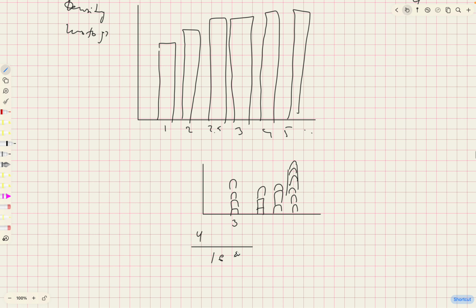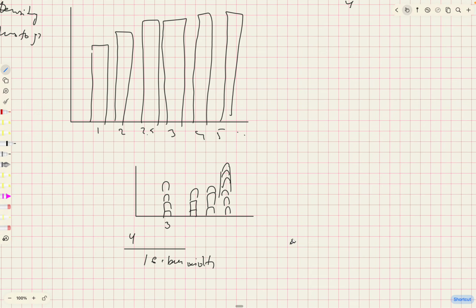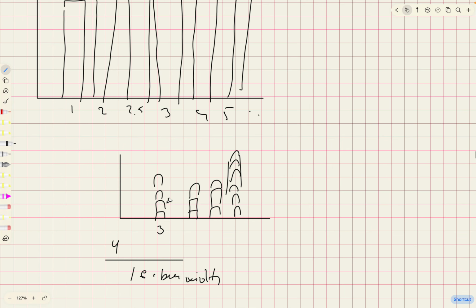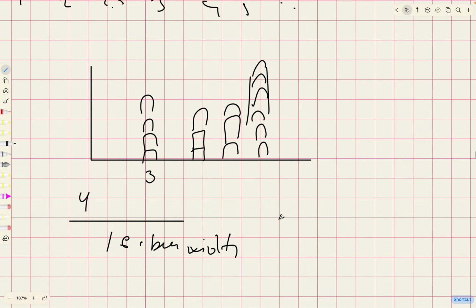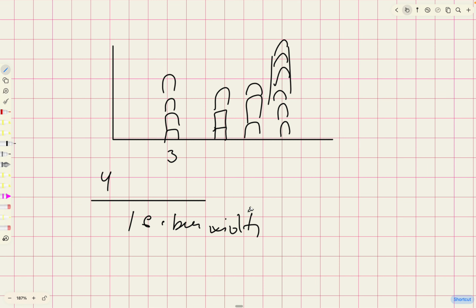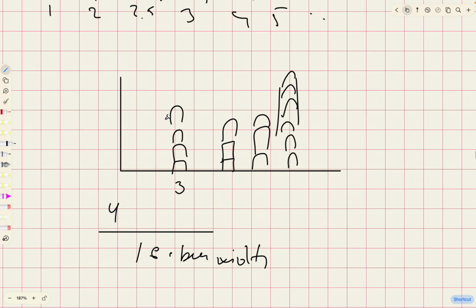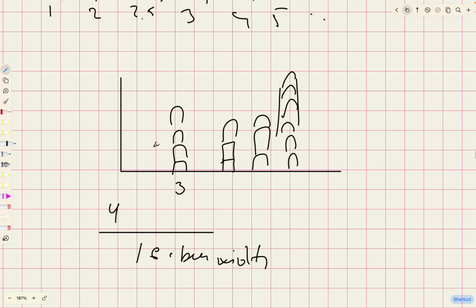It's 4 divided by 16, and we also multiply it by the bin width. For example, if the bin width is 1, then it will be just 4 over 16. So the density estimation of this point will be 4 over 16.